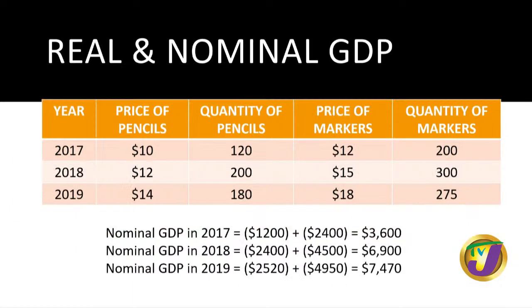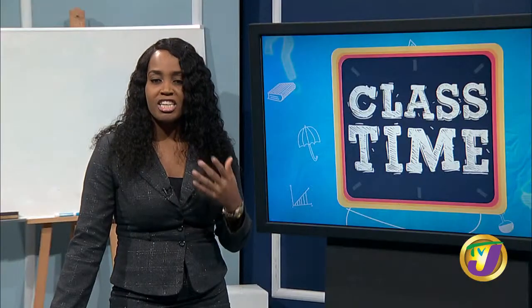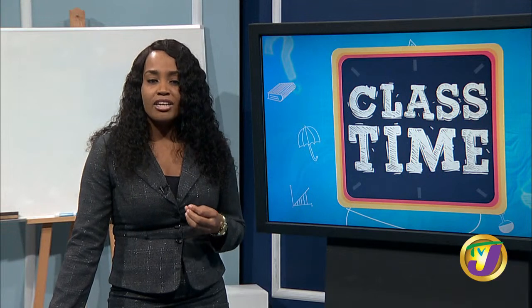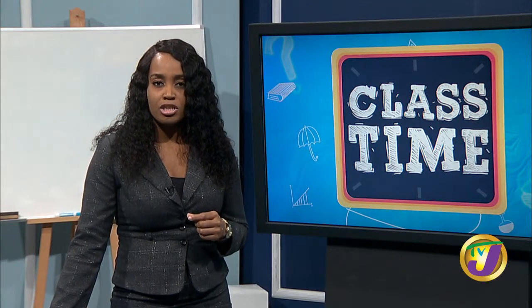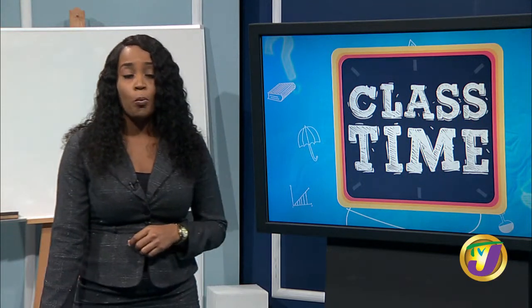So this tells you that the nominal GDP almost gives you a false sense of growth because it doesn't take into consideration that you are actually not producing more, you just increase your prices. And the idea of growth is that you're looking at a situation where a country is actually producing more.